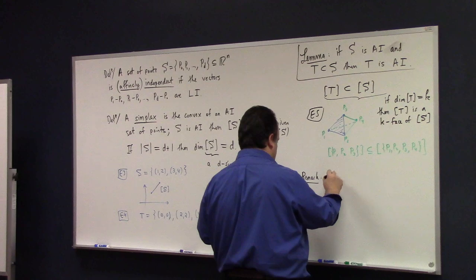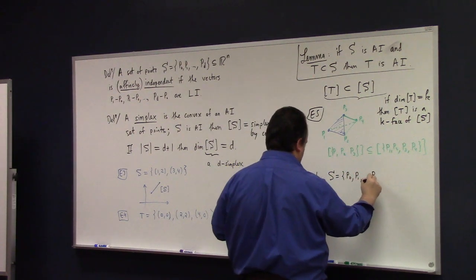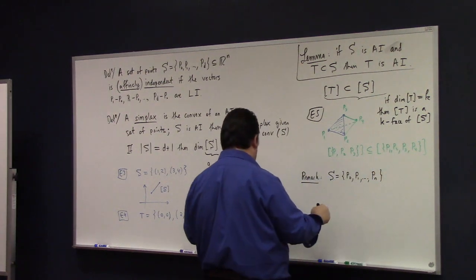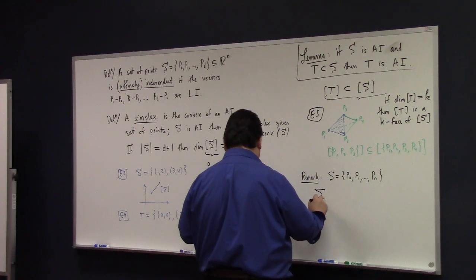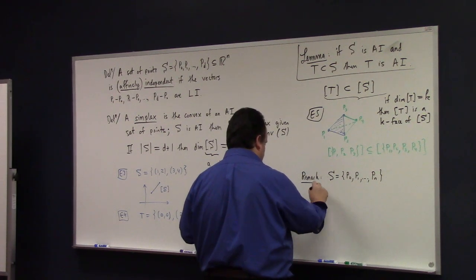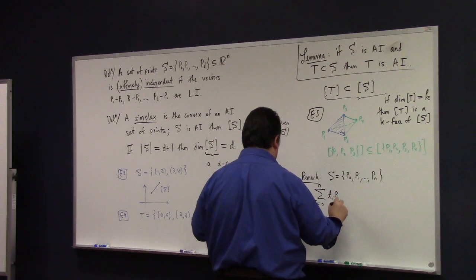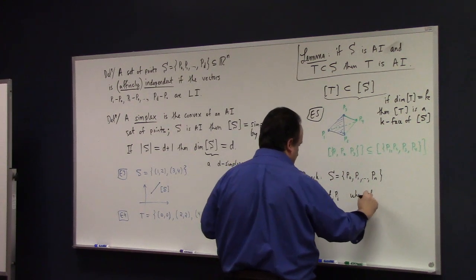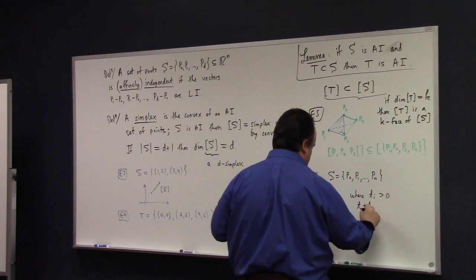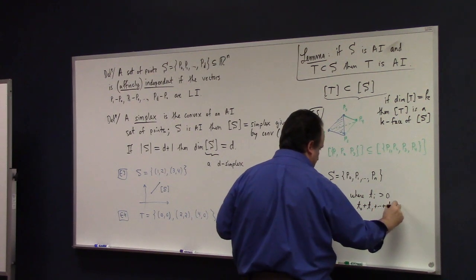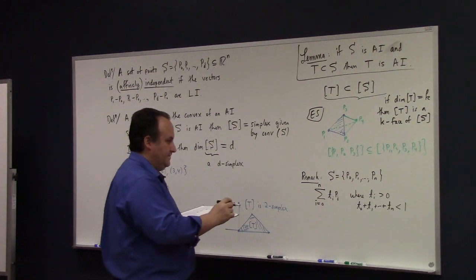If you had S, P0, P1, through Pn, so that's got n+1 points in it, right? Then if you look at the sum, i equals 0 to n of t sub i, P sub i, where t sub i greater than 0, and also t0 plus t1 plus through tn is less than 1, that gives you the open simplex.